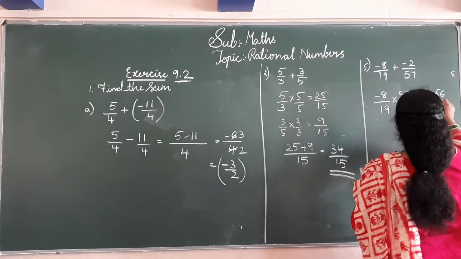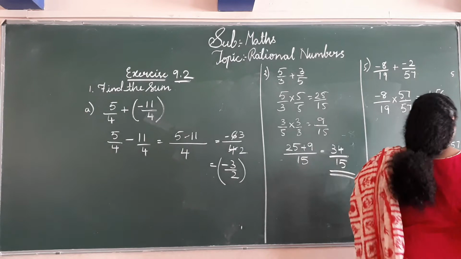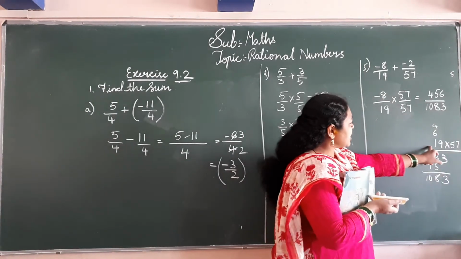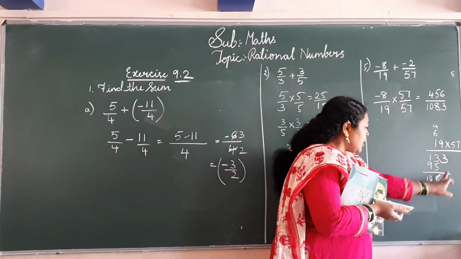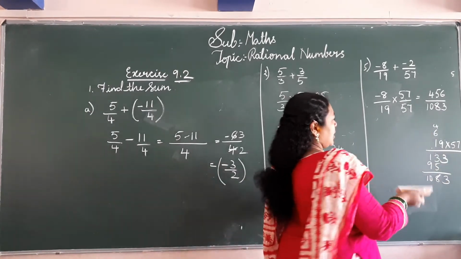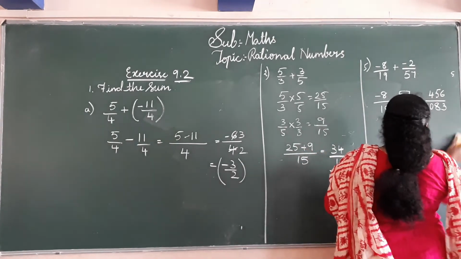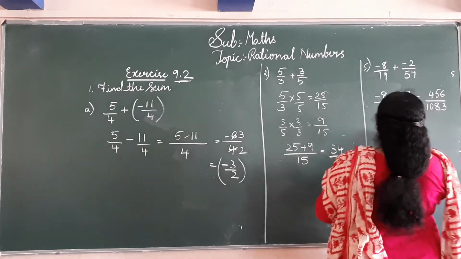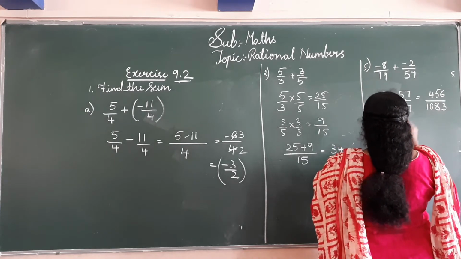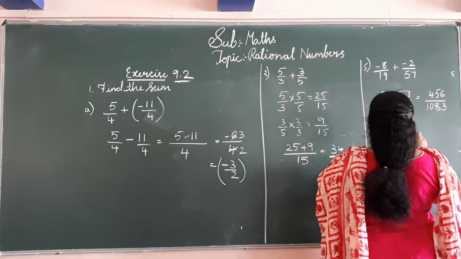Okay. There's no confusion here. I have just multiplied 19 into 57. We will get 1083. That I have taken as a common denominator there. So the second one you have to write minus 2 by 57 into 19 by 19.